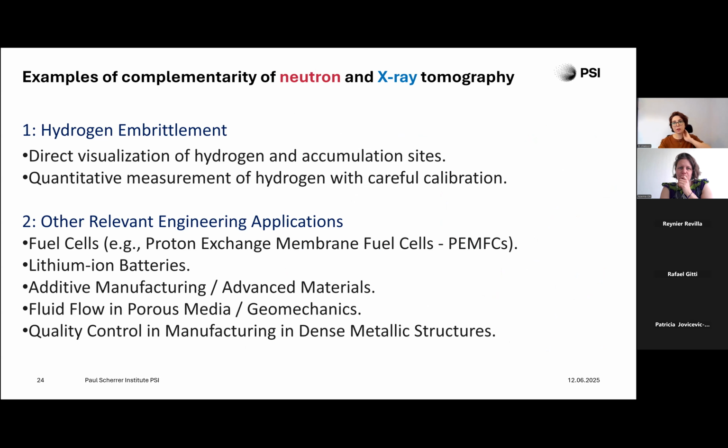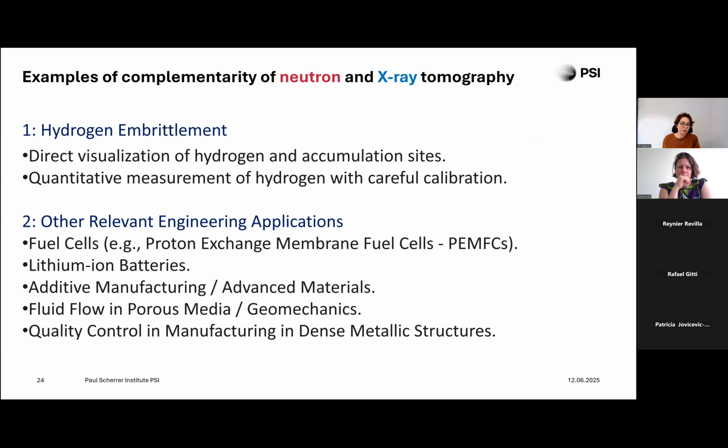Beyond the examples that I mainly work with, as I mentioned here and there, neutron imaging, which can also be coupled with X-ray imaging, can be used for other applications in which we want to track, identify, or quantify light elements like lithium.